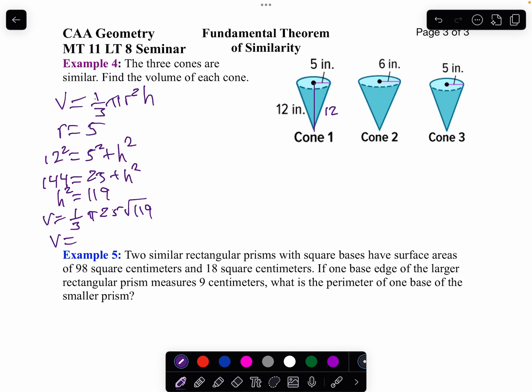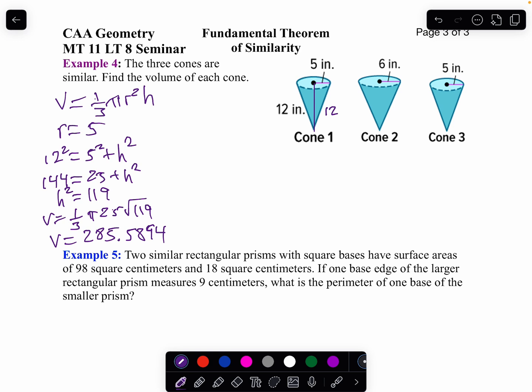So if I take 25 times the square root of 119, multiply that by pi, and divide that by 3, I'll get 285.5894. And yes, I'll round that later on, but for right now, let's just write it up with 4 decimal places. And that is the volume of my first cone.